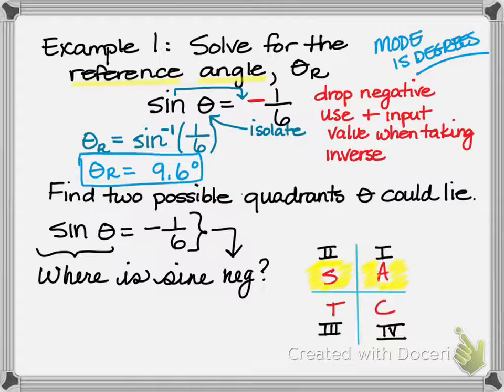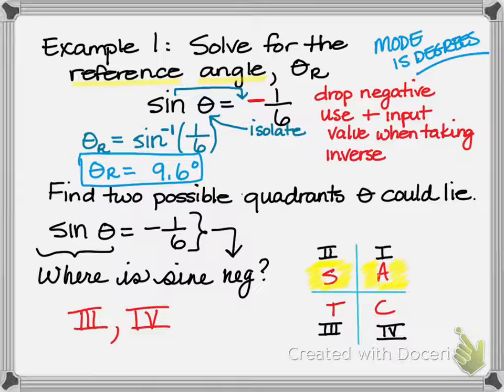That's where sine is positive. So negative is going to be where? The ones I didn't shade. So my answers, where is sine negative, would be quadrant 3 and quadrant 4. And I'm done. That's all I need you to do for that one.